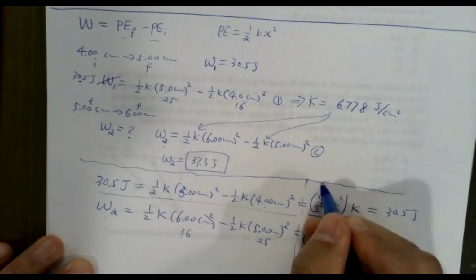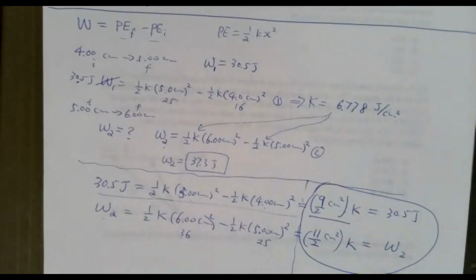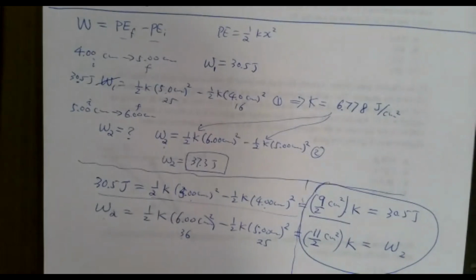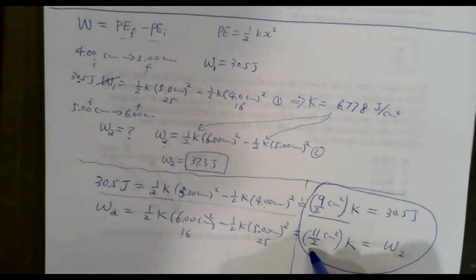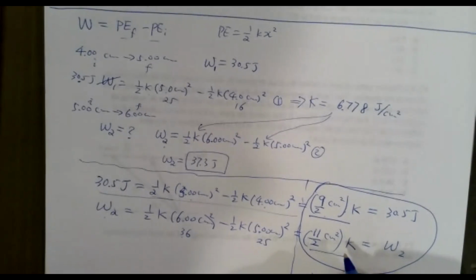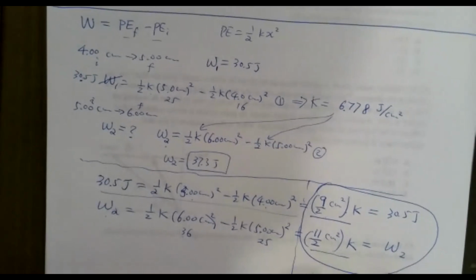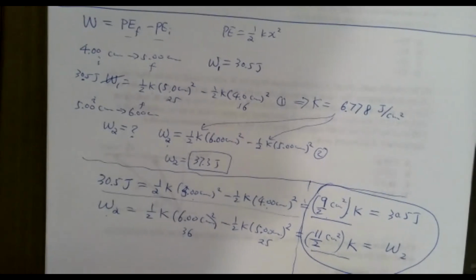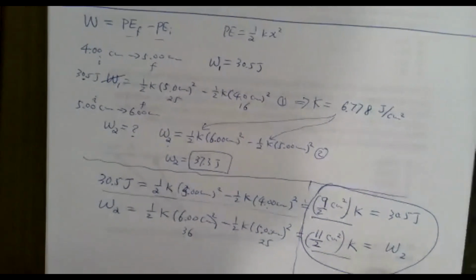So I'm looking at these two equations here, all right? Then I can do the ratios of this side over that side, right? So I can do 11 over 2 centimeter square times K over 9 over 2 centimeter square times K, right? That should equal this over that, right? W2 over 30.5, okay?